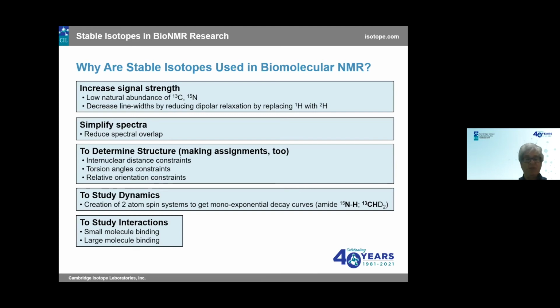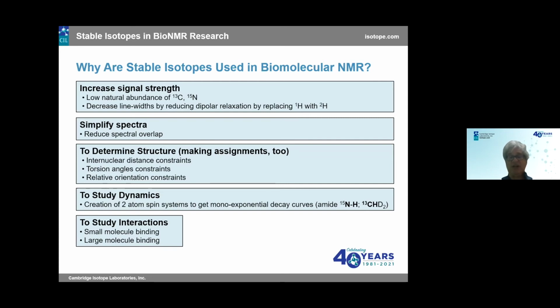And lastly, one can look at interactions. What's very important or interesting is how a potential drug molecule may bind an enzyme, for example. So one can look at small molecule binding or large molecule binding by having isotopes in the molecules.